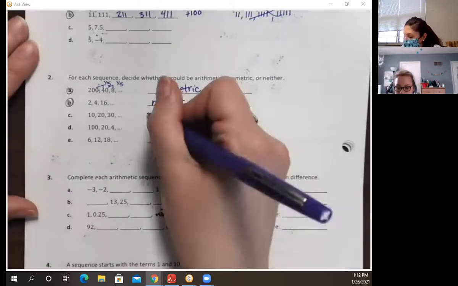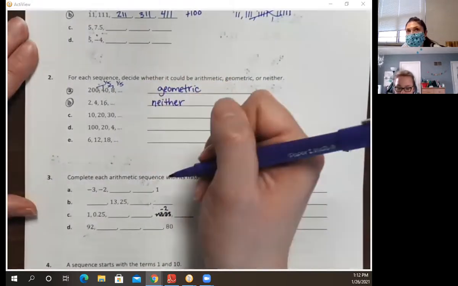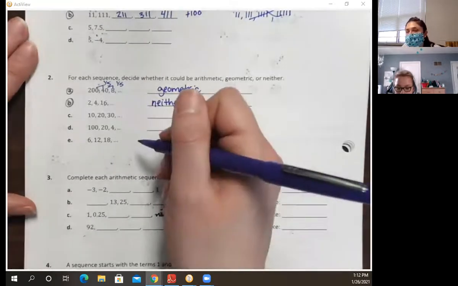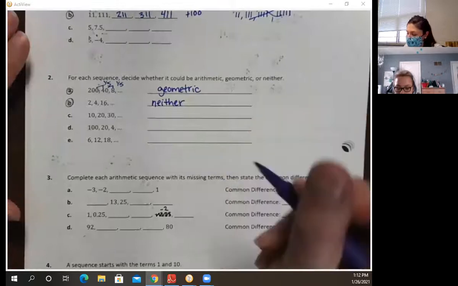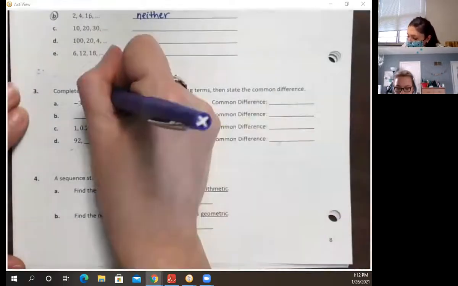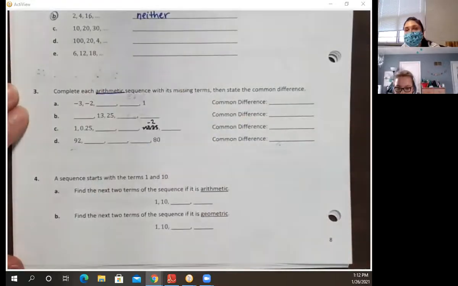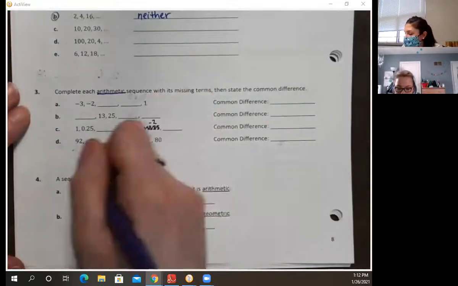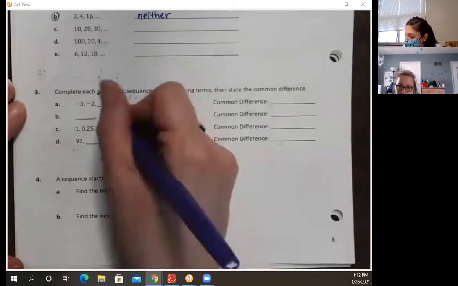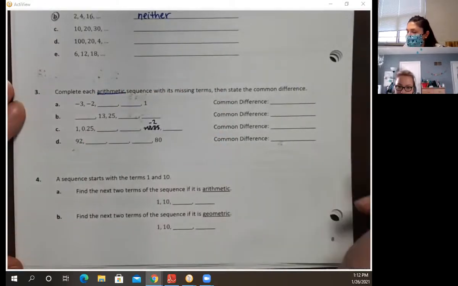So you have a couple more sequences where you're going to do the same thing. Determine if you have an arithmetic or geometric sequence or if it's neither of those. For number 3, you're given that these are all arithmetic sequences. This is just like that example we did together a few minutes ago. Identify your common difference and fill in those missing terms.